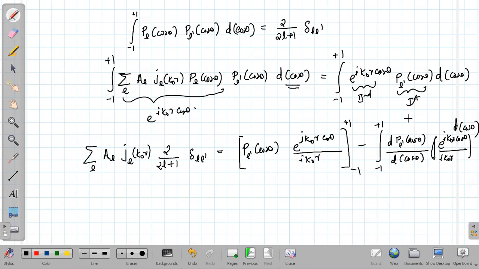Now, if you look at the RHS, that contains e raised to I k0 r cos theta upon I k0 r. If you integrate once again, you will get a 1 by r square term. So the second term would be very small compared to the first term, and we can neglect it, because the first term has 1 upon r dependence, whereas the second term contains 1 upon r square dependence.